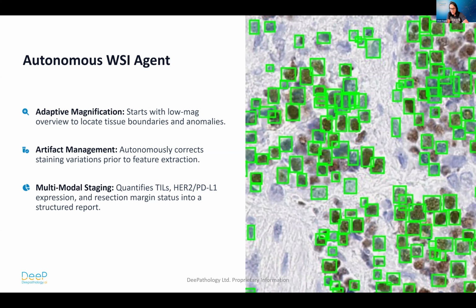Another thing that an agent may do: let's say that I want to do some feature extraction, and this can range from spatial analysis to measuring the size and the intensity of cells, etc. But then rather than the user trying to say which are the safe areas that have no artifacts, the agent will do that as part of the process.